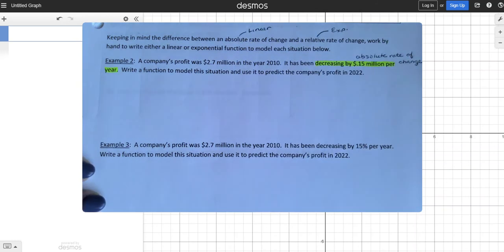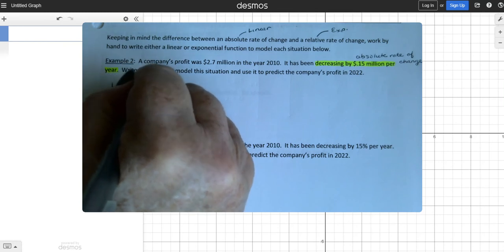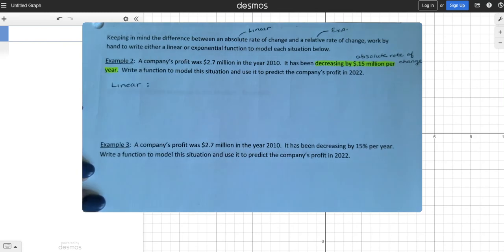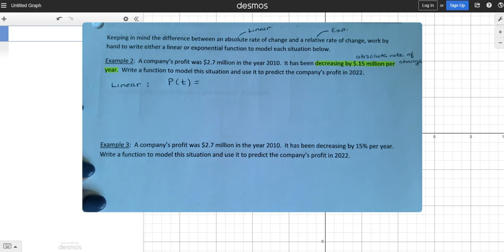And for the absolute rate of change, I know I'm looking at a linear function. So I'm writing an equation for profit. I'll call it P of t. And I know my slope.